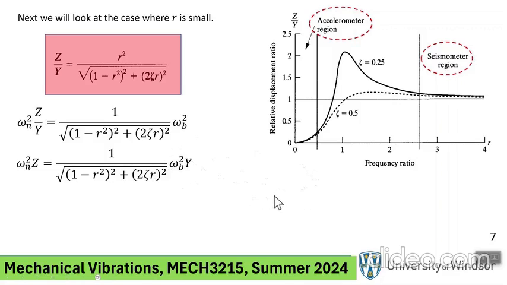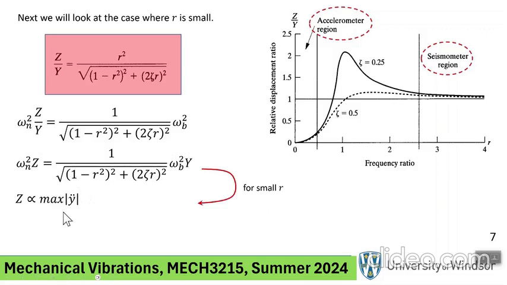You're going to get y double dot equal to omega b squared big Y sine of omega bt. Okay. The second derivative of sine is also sine. The moral of the story is that what you see there is the maximum acceleration of the base. This is the maximum acceleration of the base.